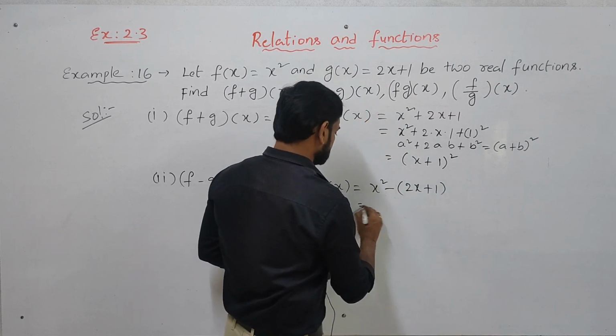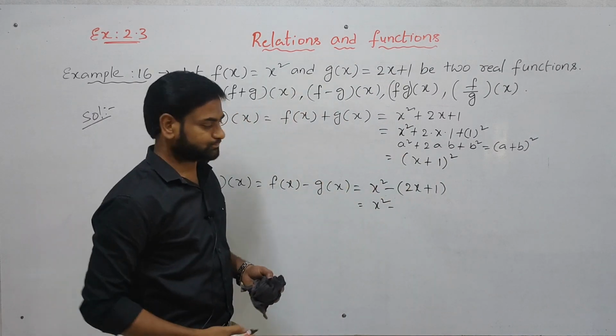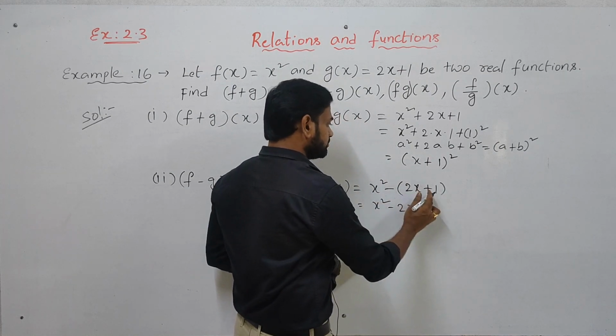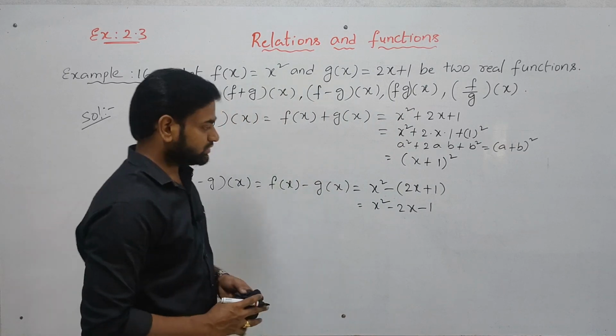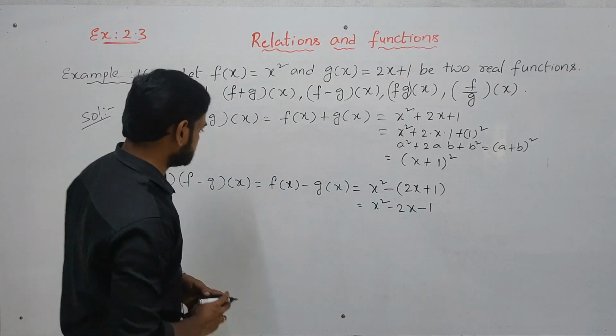So x square, multiply the minus inside, that is minus 2x minus 1. So x square minus 2x minus 1 is the answer.